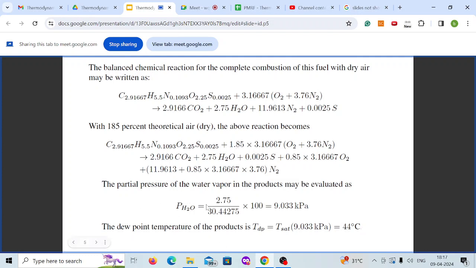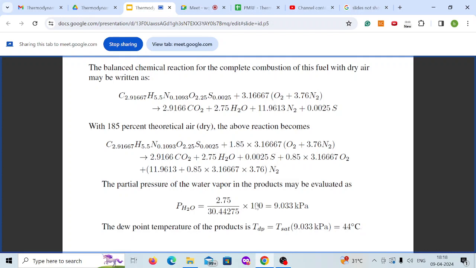In this case you have 2.75 moles of water present, divided by the total number of moles of the products. So you have to add up all the moles: 2.9166 plus 2.75 plus 0.025 and so on, the oxygen and nitrogen. If you add up, you'll get 30.44275. That is the total number of moles present in the product.